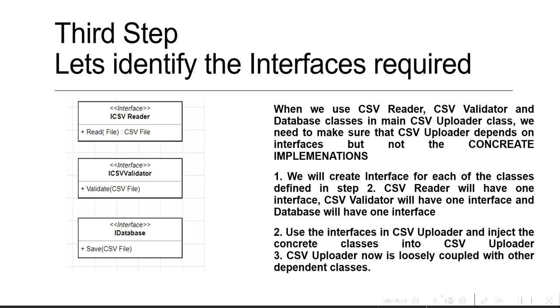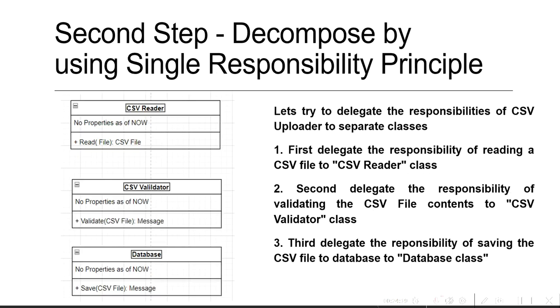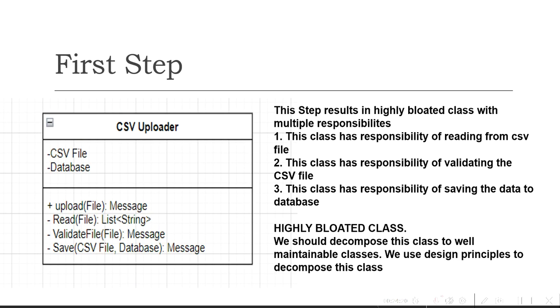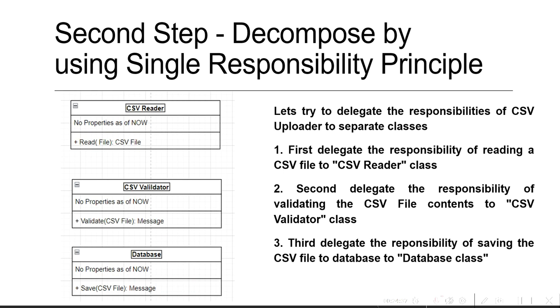Now, after you define these interfaces, move on to the CSV uploader. Wherever you are using concrete implementations, try to use an interface. So you're making this monolith module very loosely coupled to the functionalities of the CSV reader. So any changes, right? I mean, you understand the benefits of interfaces, right? The benefit of interfaces is that it makes the dependencies very loosely coupled.